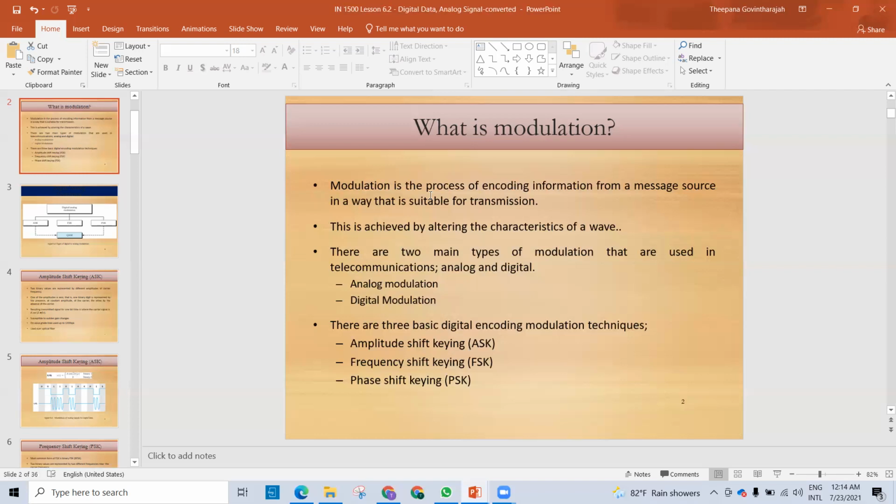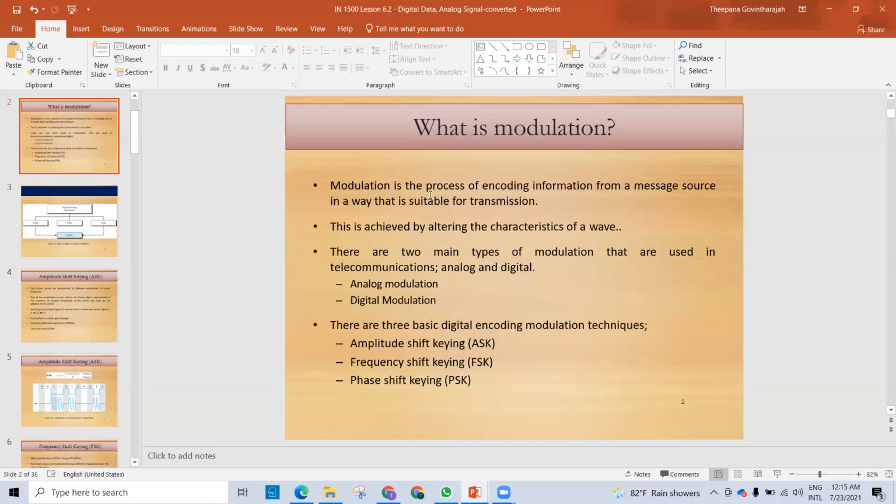Digital modulation, in the sense, is how digital data, that means binary zeros and ones, are converted into analog signals. There are three basic digital encoding modulation techniques. That means there are three ways we convert digital data, binary zeros and ones, into analog signals.